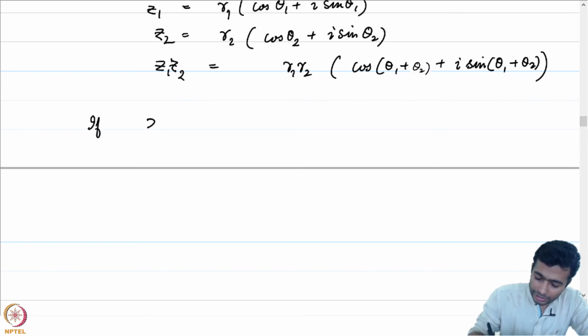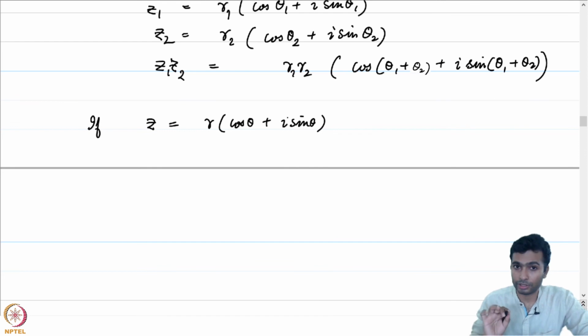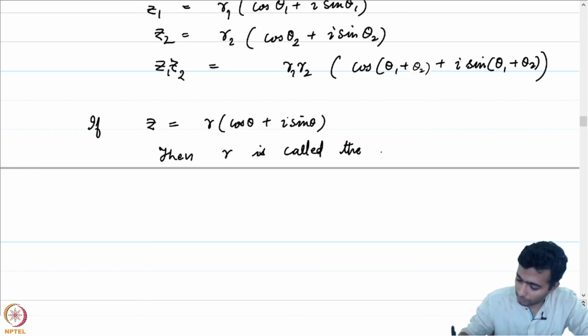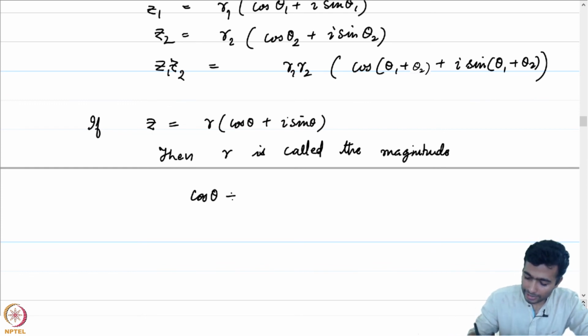If z is equal to r times cos theta plus i sin theta, then the r greater than 0 is uniquely fixed. Then r is called the magnitude. And cos theta plus i sin theta is also uniquely fixed.